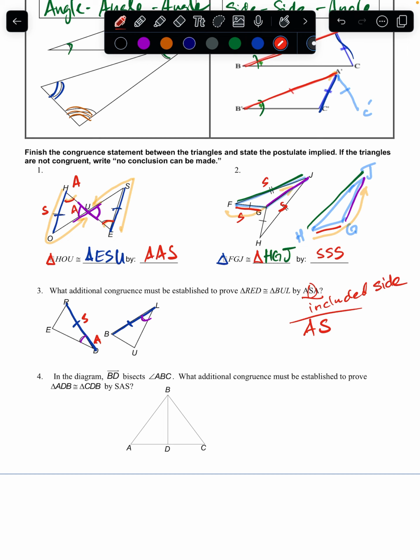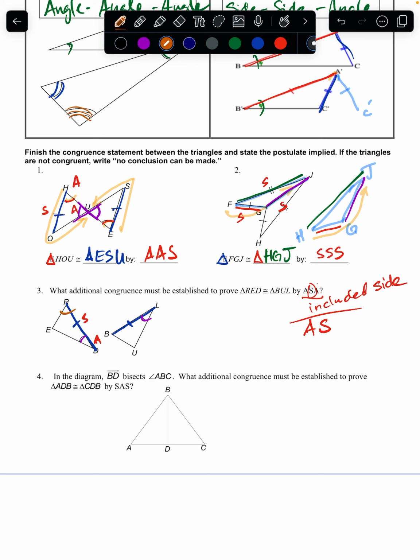So remember, the side right here is in between two angles. So my side has to be in between this angle right here. That's got to be my angle. So let me change the color. I will use brown right here.